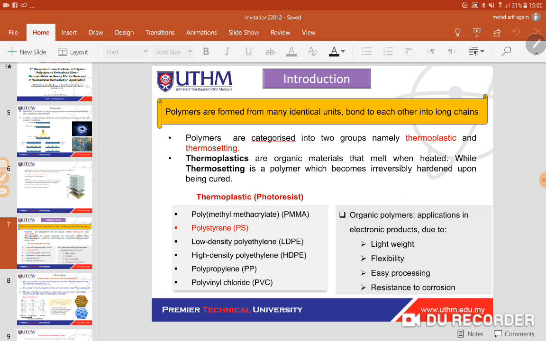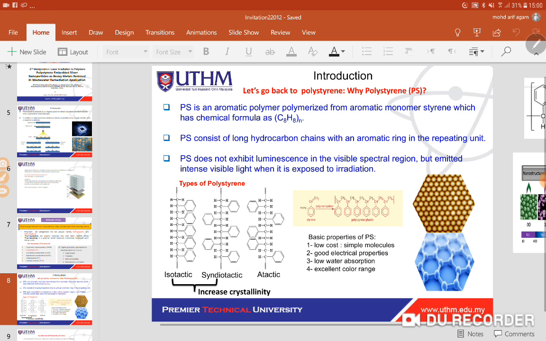That is the wonderful thing about polymers, because they are lightweight, flexible, easy to process, and of course one particularly interesting property is that they are resistant to corrosion. So we have something that can eliminate the corrosion problem.